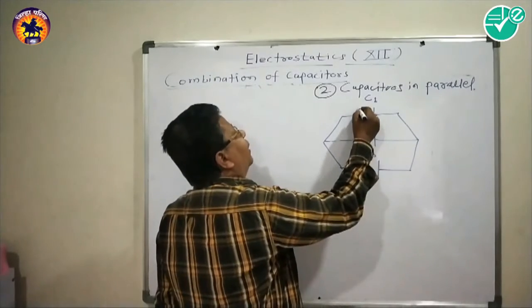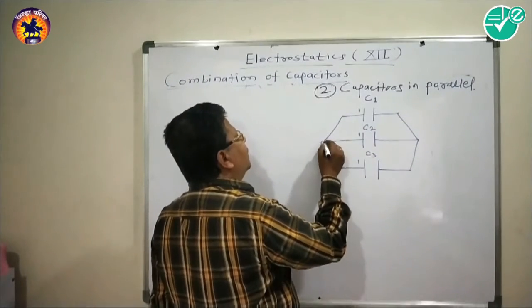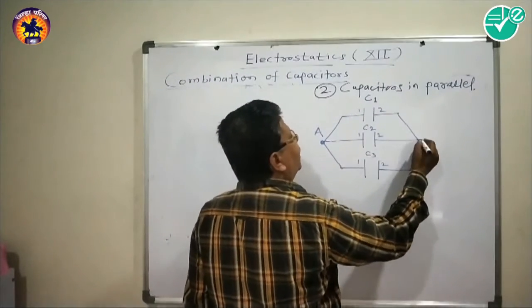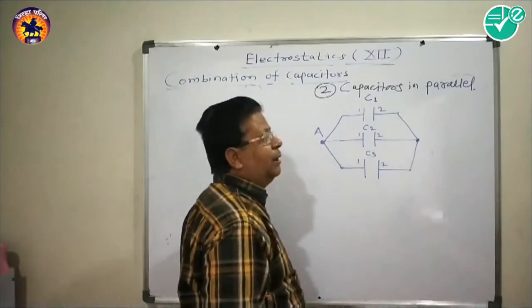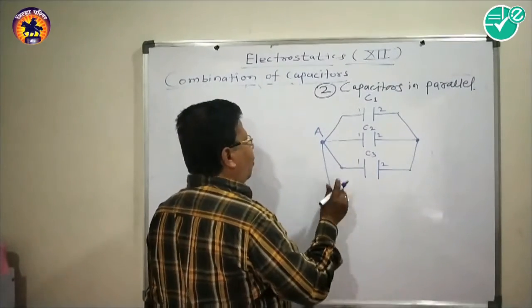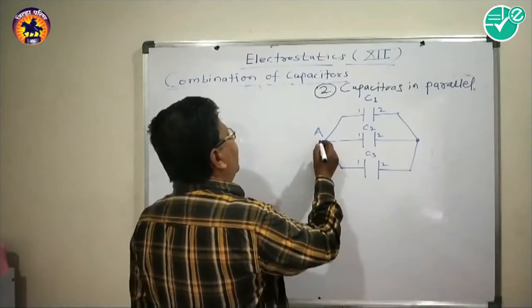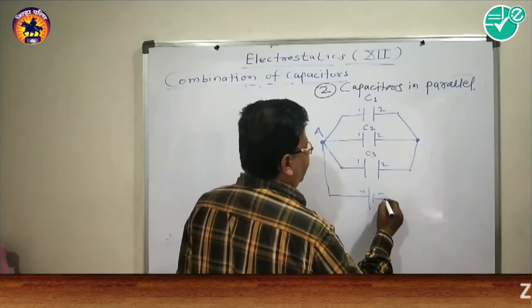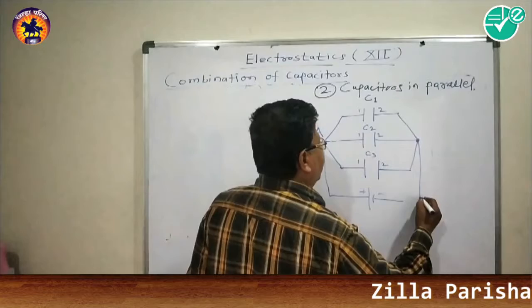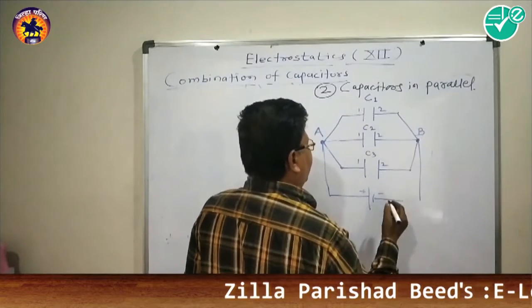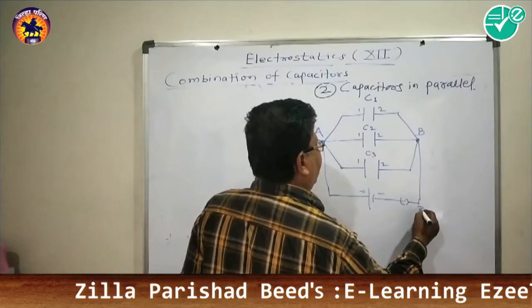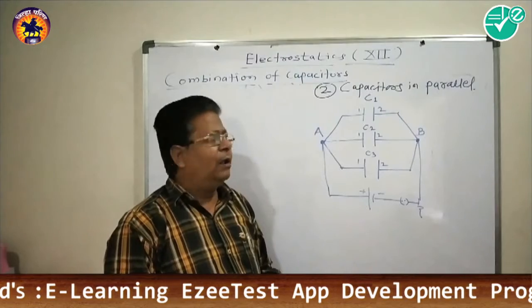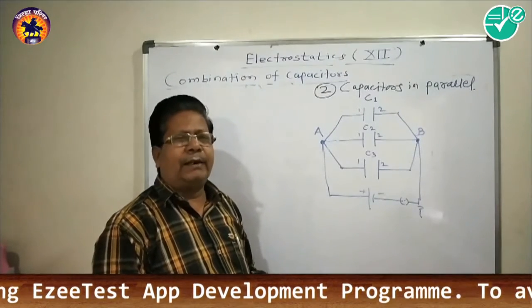That means the first plate of each capacitor is connected to one terminal and the second plate of each capacitor is connected to the other terminal, and between these two points we connect a battery. So a battery is connected between points A and B. This combination is called capacitors in parallel.